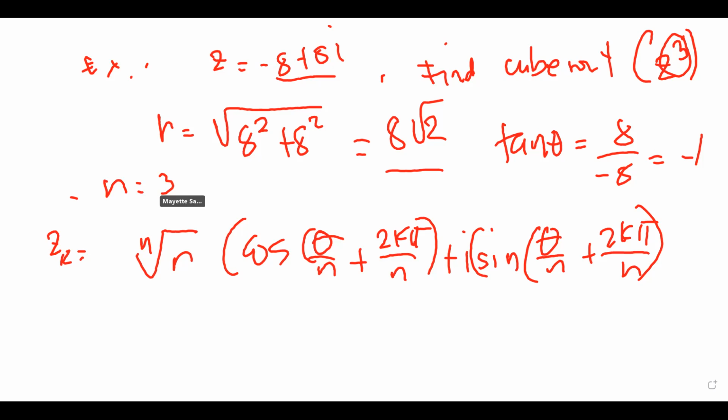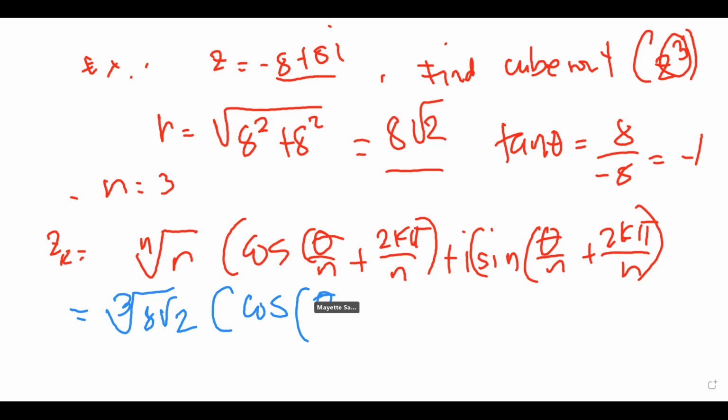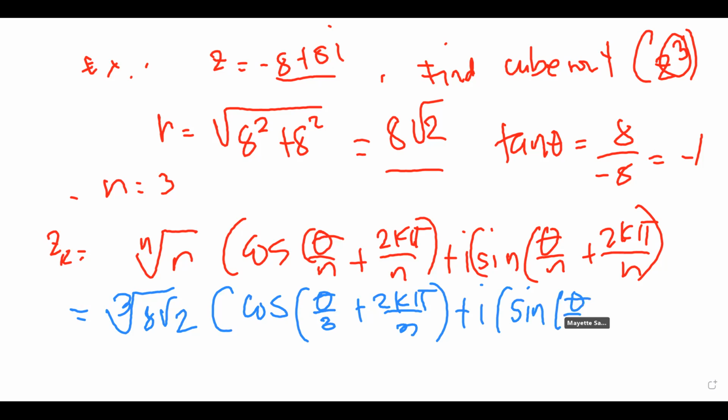So if we use this formula, this is equal to the cube root of 8 root 2, times cosine of theta over 3 plus 2k pi over 3, plus i sine of theta over 3 plus 2k pi over 3.